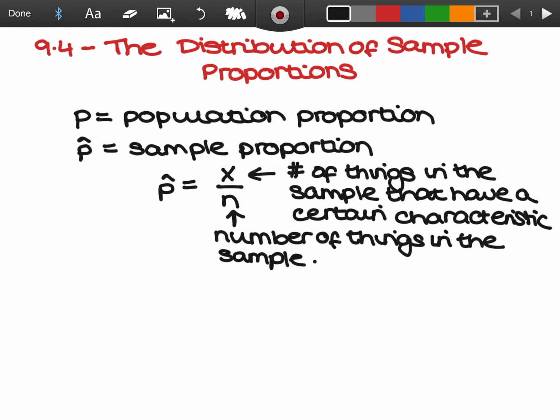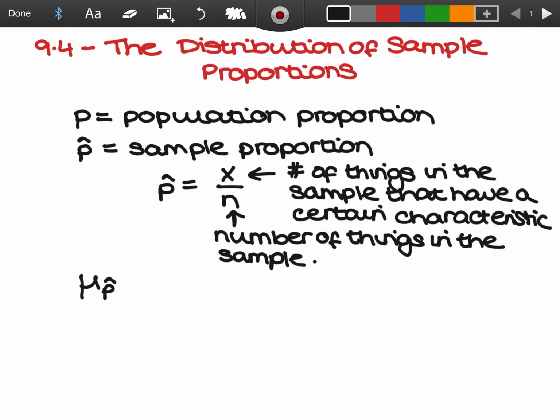When we take samples, what you should find is that half of those sample proportions, for whatever size sample you take, should be less than the population proportion and half of them greater. You should find that half of them lie below the population proportion and half of them lie above.